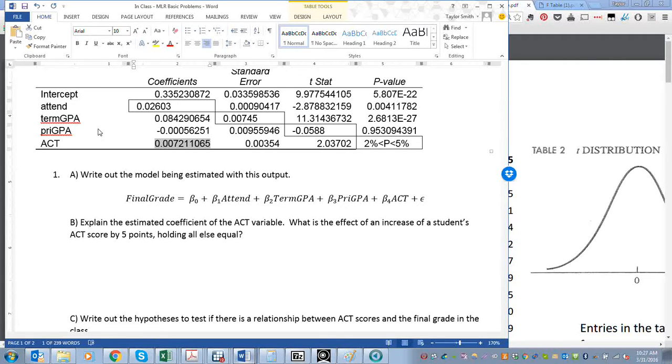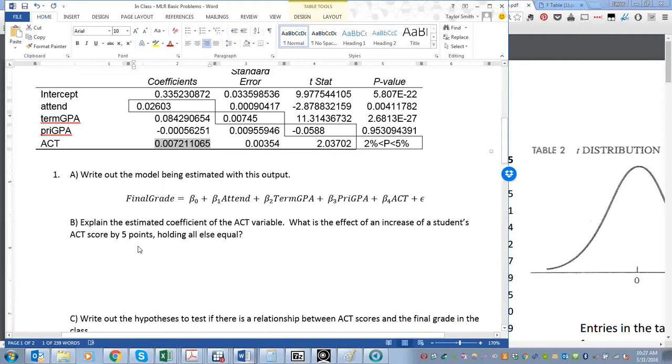If you remember how we interpret slopes, the slope is the change in y with a 1 unit change in x. So when we're trying to interpret a coefficient, that's usually the way we'll talk about it: the change in y with a 1 unit change in x, holding everything else constant.